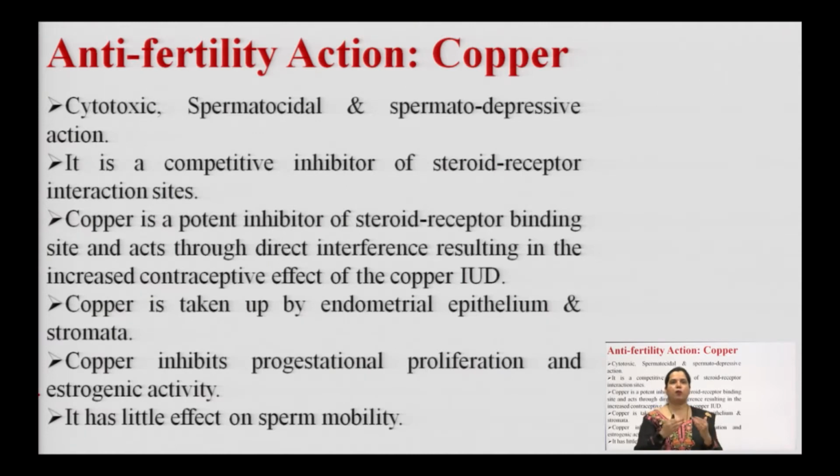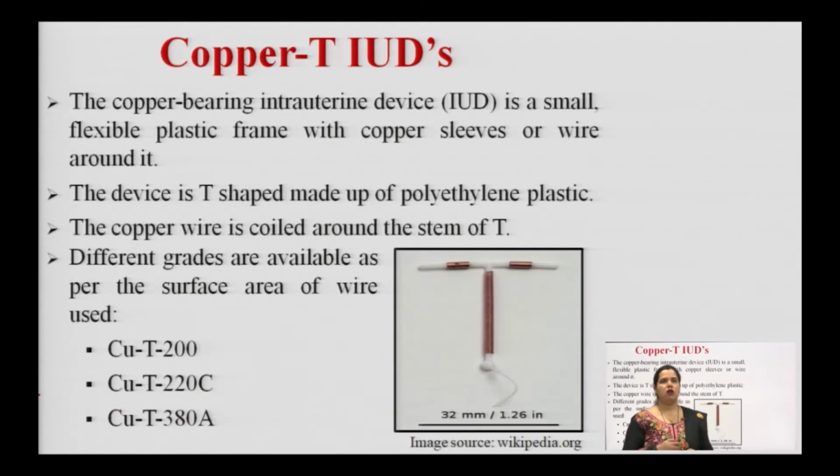So, copper inhibits these steps to prevent conception or fertilization. It has an effect on sperm motility, but a little lower.